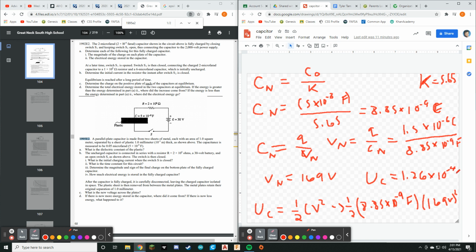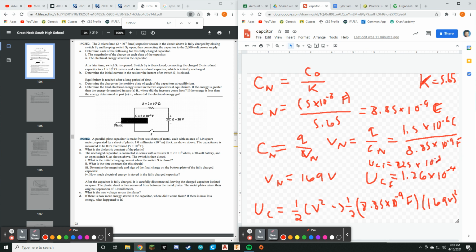And so our energy stored before, so I'll put this final. Again, I'll write in our initial stored energy was 2.25 times 10 to the negative 5th.